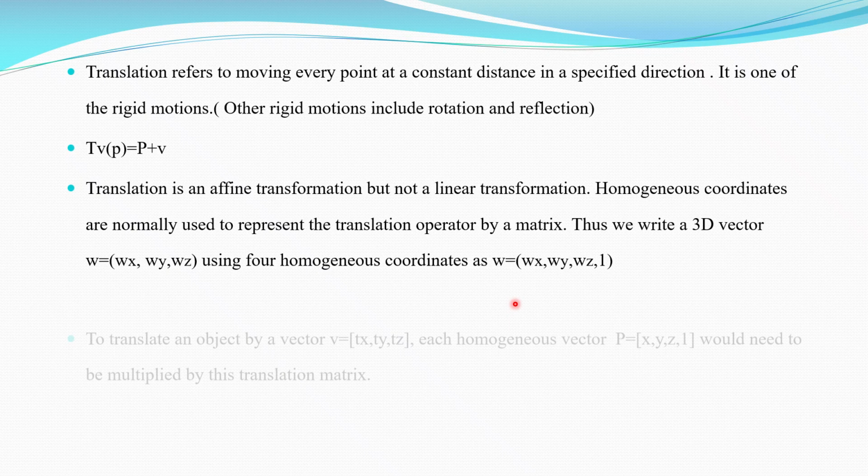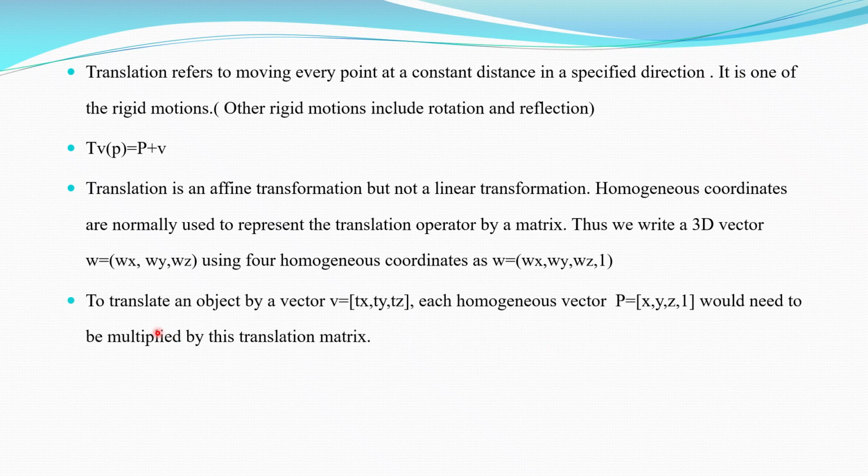So the translation of an object by a vector, here the vector is nothing but p dash or p, where points we are taking. So vector t of x, t of y, t of z: x coordinate of the translation, y coordinate of the translation, z coordinate of the translation. With homogeneous we represent it with the 1.